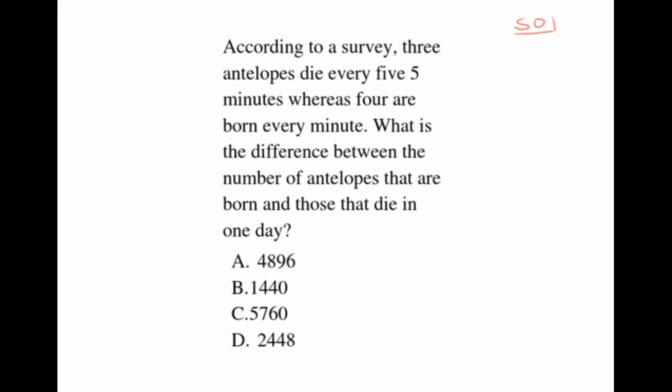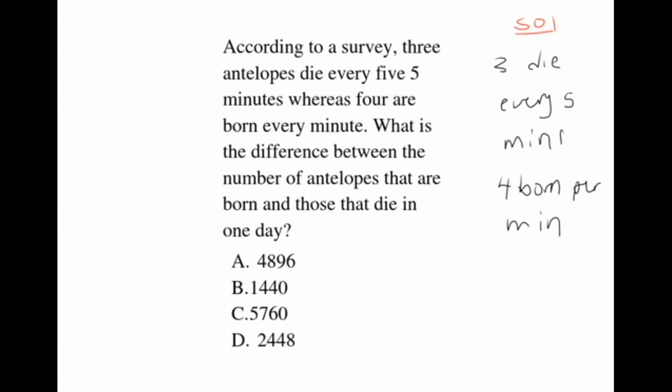We are told that, according to a survey, 3 antelopes die every 5 minutes. So we can have 3 die every 5 minutes. Then we are told that 4 are born every minute. So we can write 4 born every minute or per minute.